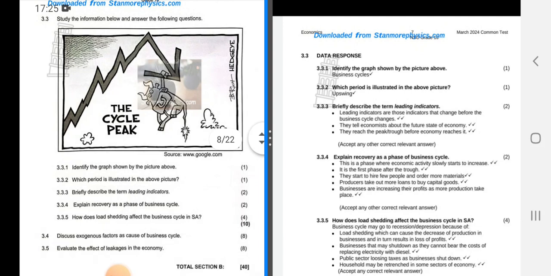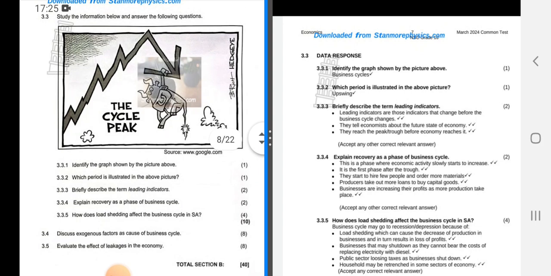And then 3.3.4 says explain recovery as a phase of the business cycle. So recovery is the phase after depression. Okay, after the economy has been doing badly, the economy is trying to find itself. So you have to explain it as a phase. It is a phase where economic activity slowly starts to increase. It is the first phase after the trough.